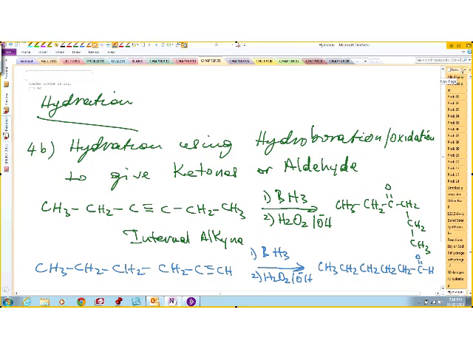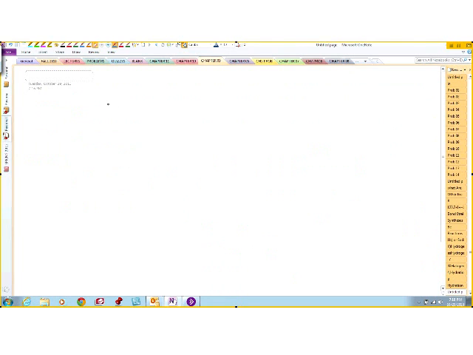Okay, moving right along. Reaction number 5. Oxidative cleavage. I'm sure you heard that before, right? I told you most of these reactions should be familiar to all of you.